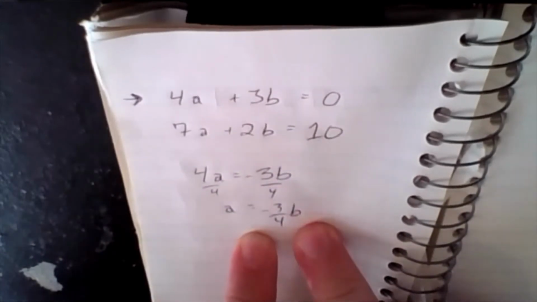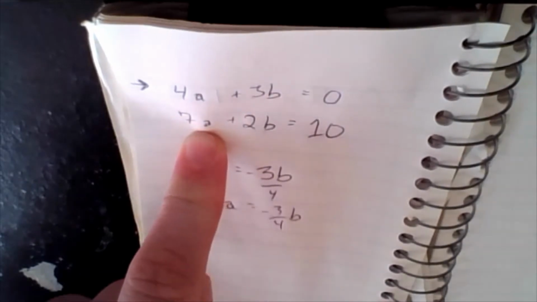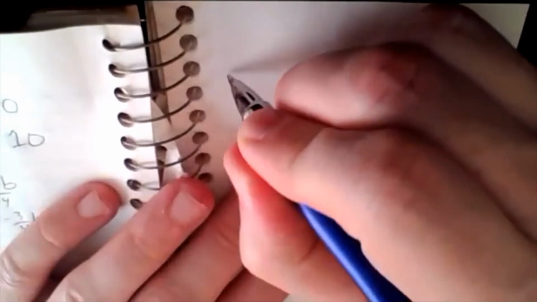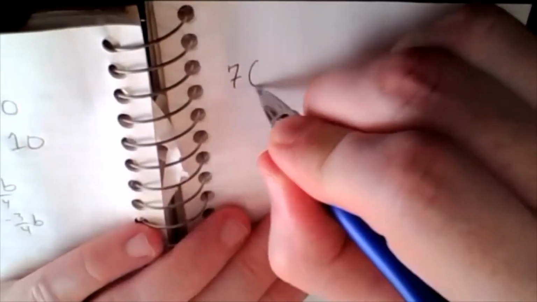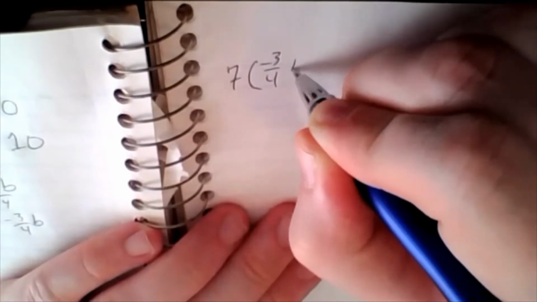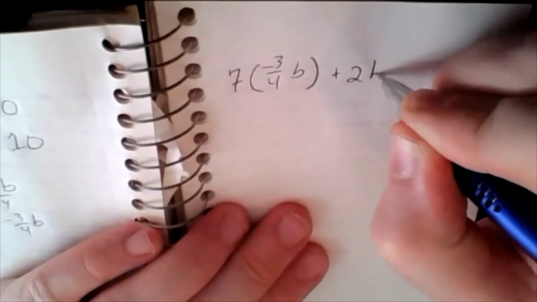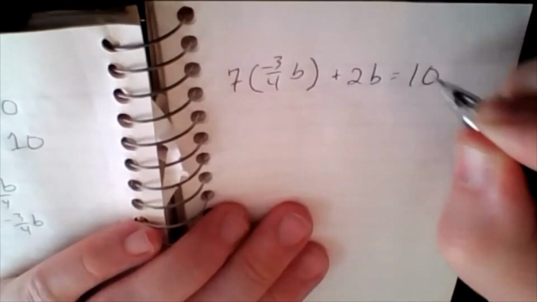The benefit to this approach is now I can take this formula and replace the a in the other equation to see what I get. So I'm going to say that 7 times minus 3/4 b plus 2 times b is equal to 10.